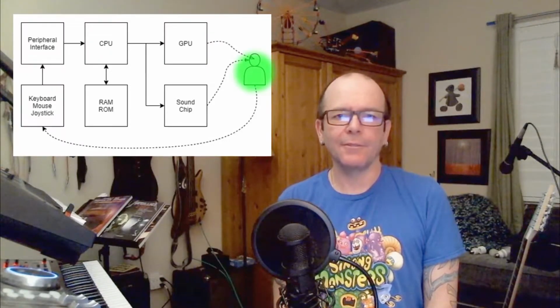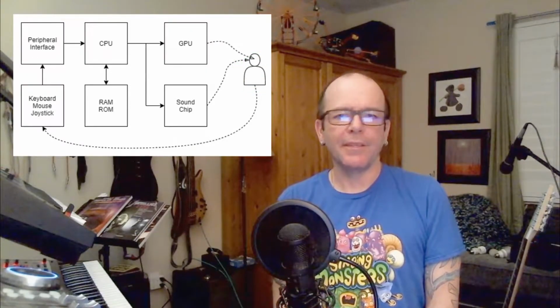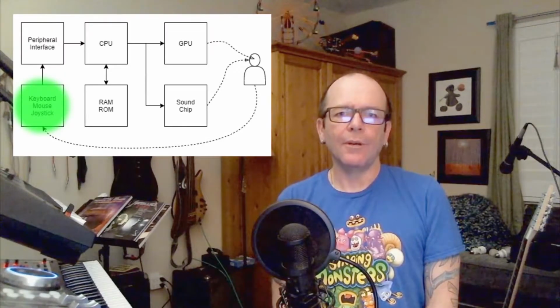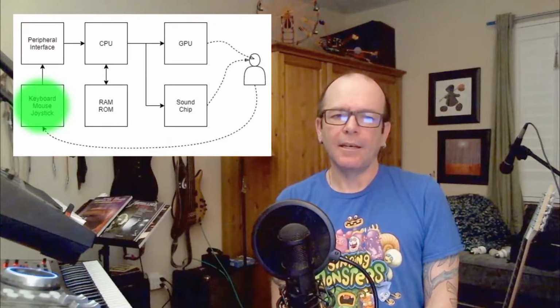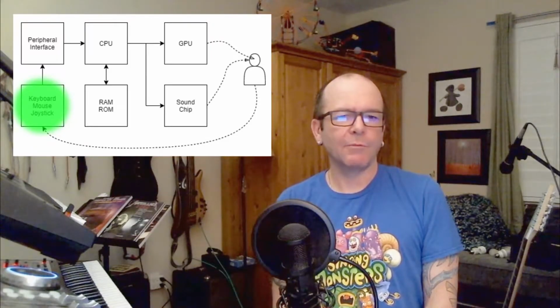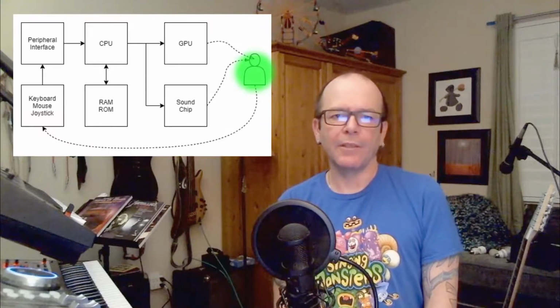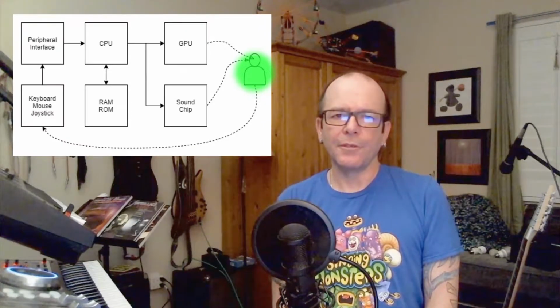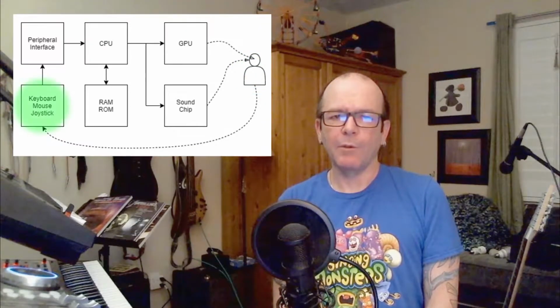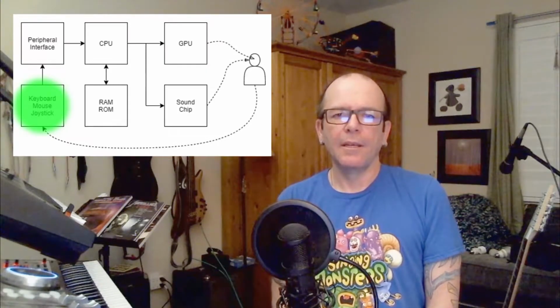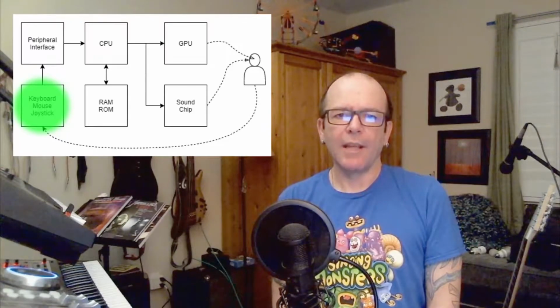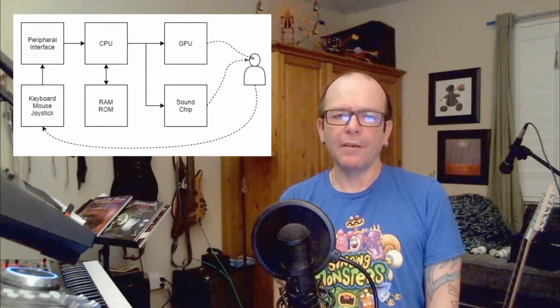The user has to initiate the interaction by either turning on the power or pressing something on the keyboard, the joystick, or the mouse. As reflected in the diagram, the user's input starts with keyboard, mouse, or joystick, and then gets transmitted to the peripheral interface.